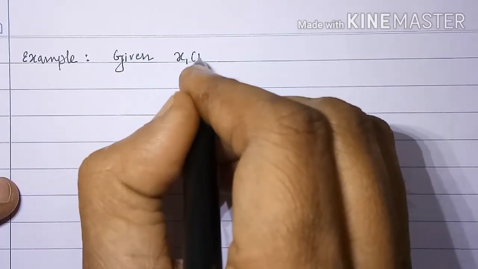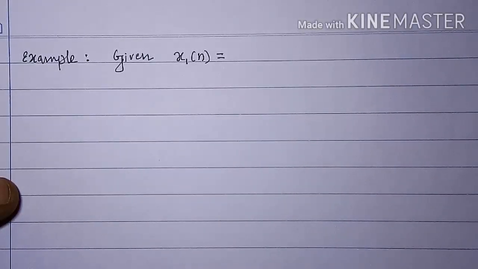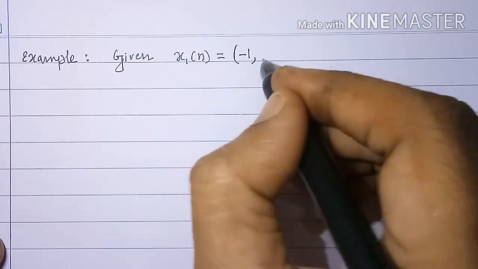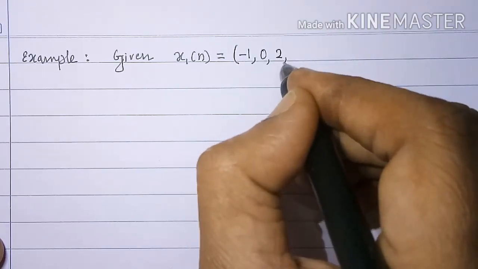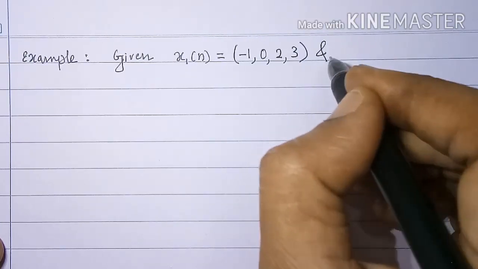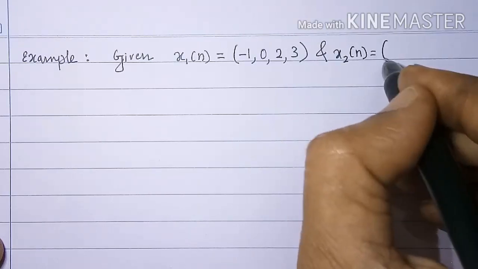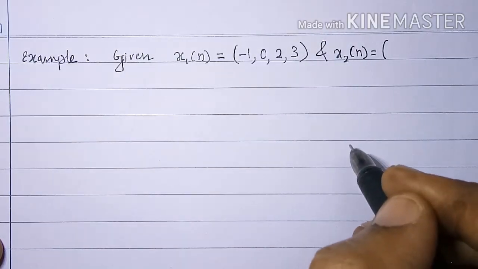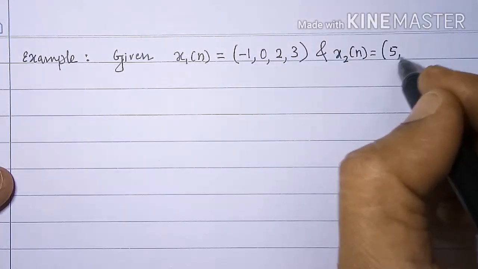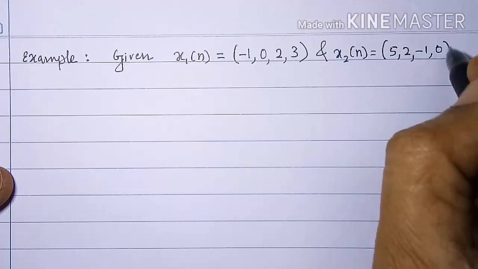Given x1 of n equal to -1, 0, 2, 3 and x2 of n equal to -5, 2, -1, 0.